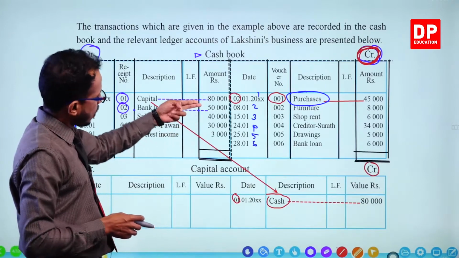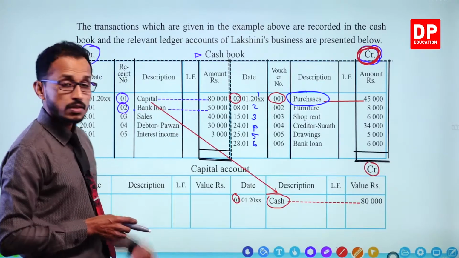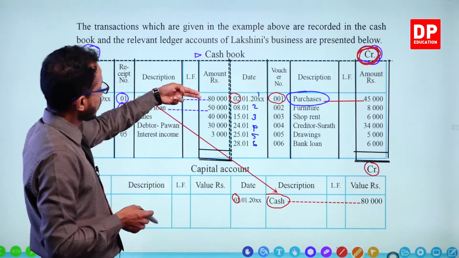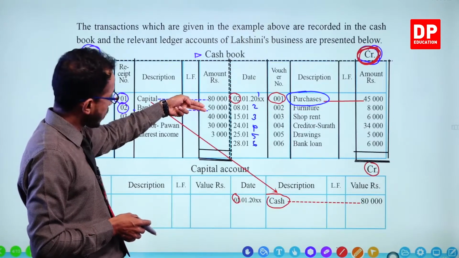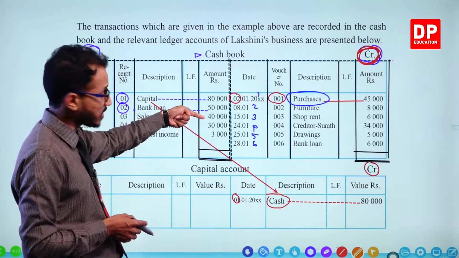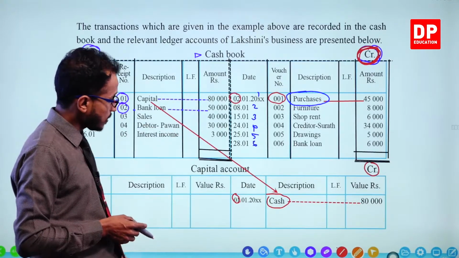Okay, 80,000 plus 50,000. You do the calculation. 80 plus 50, 130. 130 plus 40, 170. 170 plus 30.